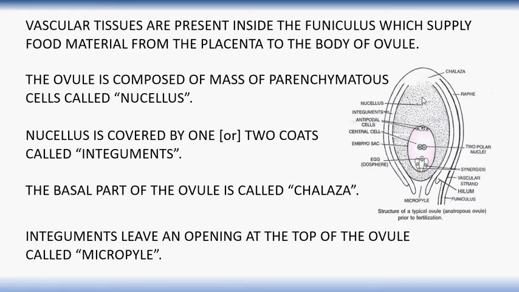And the ovule is composed of all this dotted region of parenchymatous cells called nucellus, and this nucellus is covered with two coats, called integuments: the outer integument and the inner integument. These integuments on the top of the ovule leave an opening called micropyle.